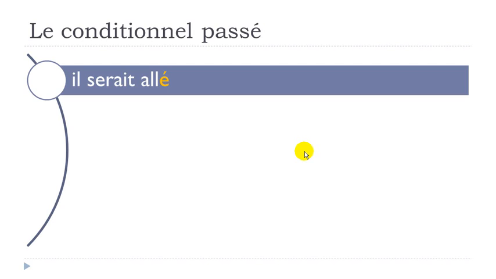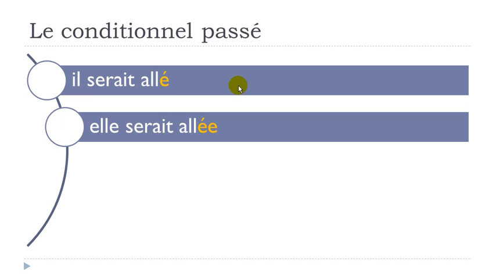But if you use être, like here, il serait allé, okay? So remember, aller belongs to this group of verbs that require être to construct this conditionnel passé. Il serait allé. So in that case, you can see that at the end, it's allé without anything after.